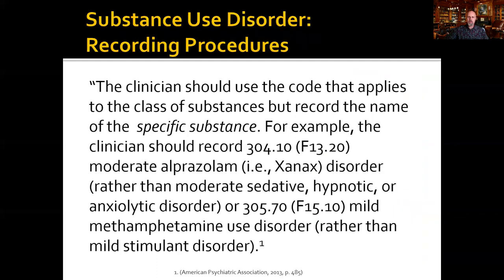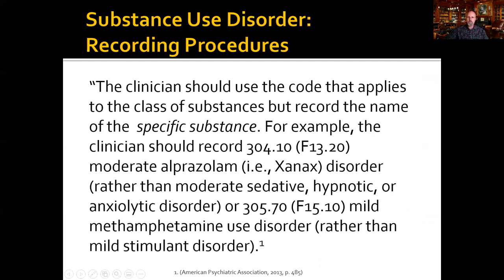Now, this is very important because there have been students who reported to me that they've gotten different information when they've been at classes at City College. This is taken directly out of the DSM. You can see the citation down there. It's on page 485 if you want to go find it yourself.